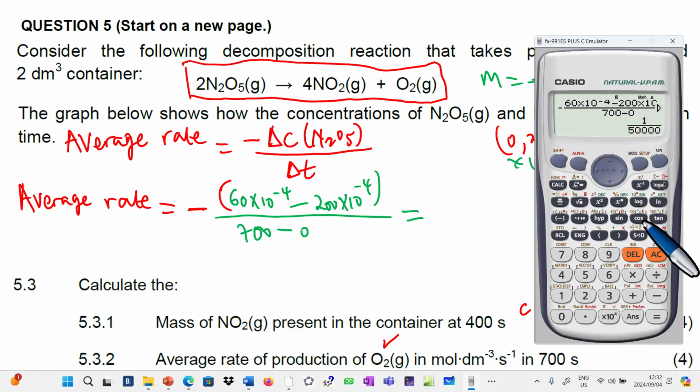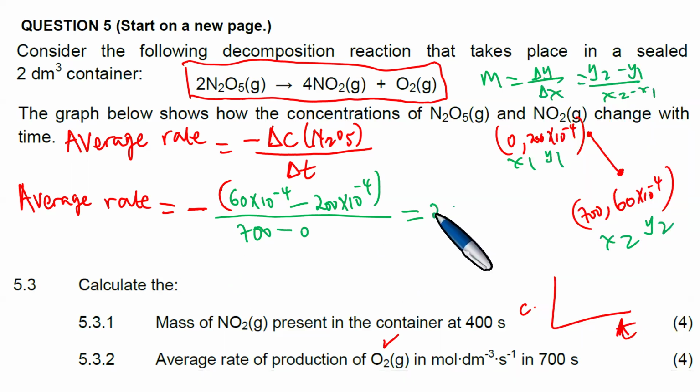So we get 1 divided by 50,000, which is 2 times 10 to the minus 5.